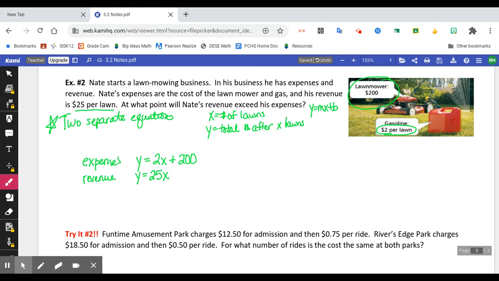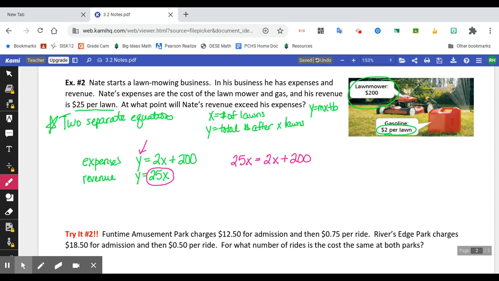Okay, so now we're going to use our systems to solve. So again, it doesn't matter here which one you pick because they both say y equals. I'm going to take the bottom one and just plug it in here for the top one. So we're going to have 25x equals 2x plus 200.